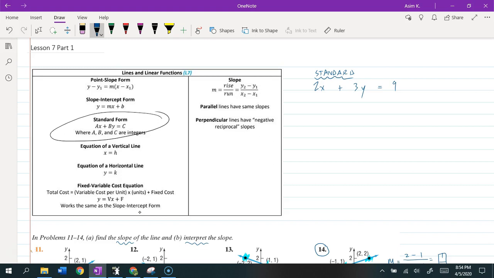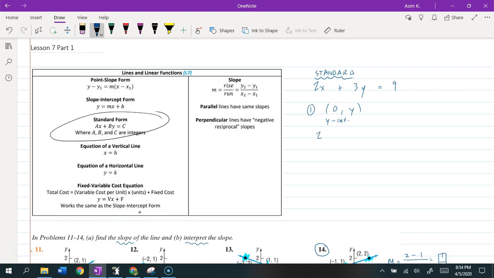Basically, to graph a standard form, step number 1, you take the x value and you turn it into 0, and then you solve for the y value. So 0, comma y. Or, in other words, you're trying to find the y-intercept. So let's try that over here.